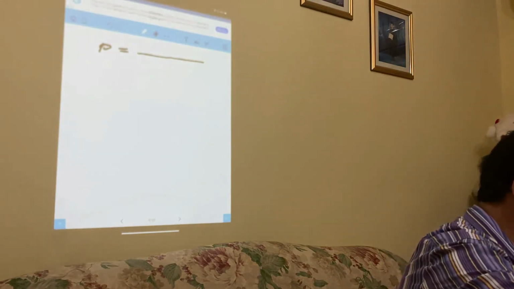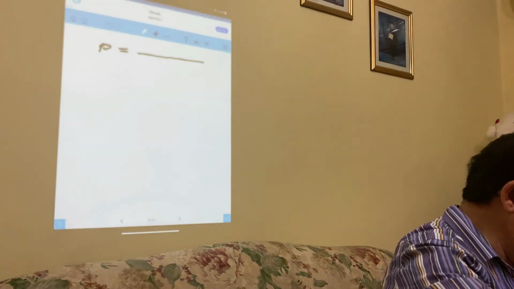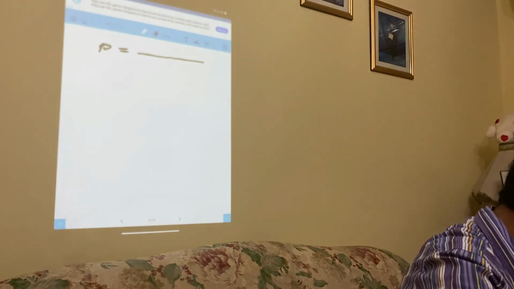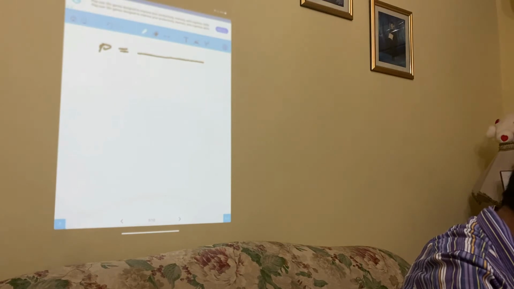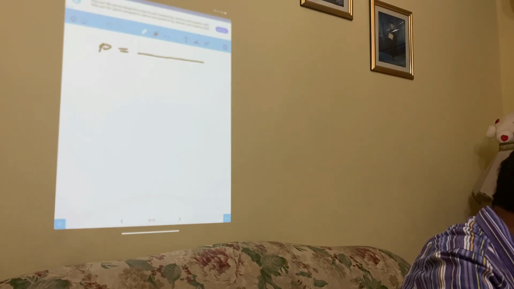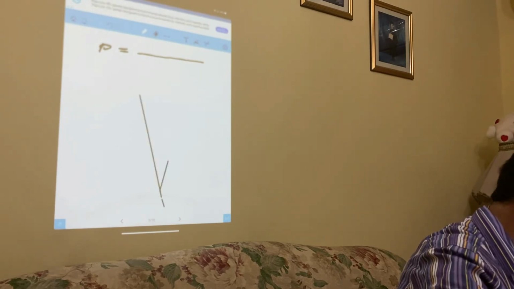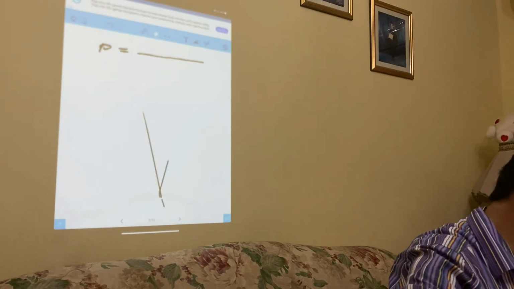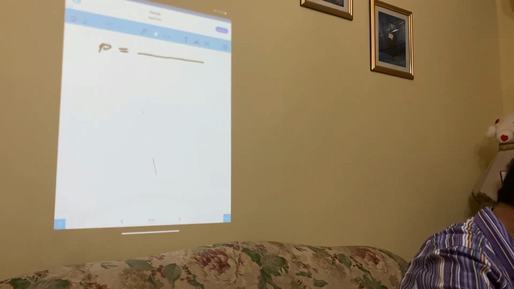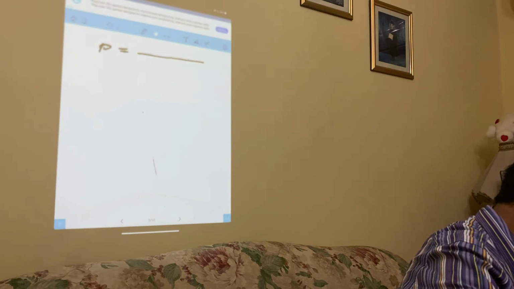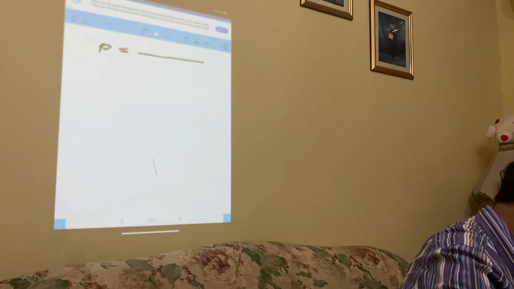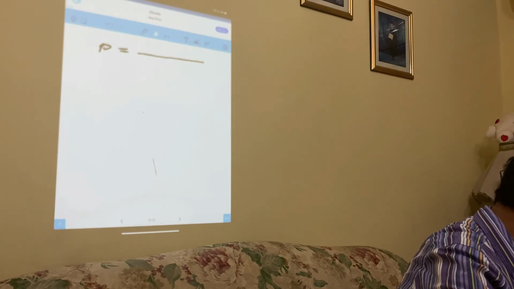Now, P would be equal to, with mu, we got the value of mu 0.36 from the previous part.